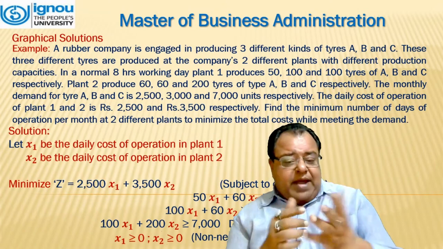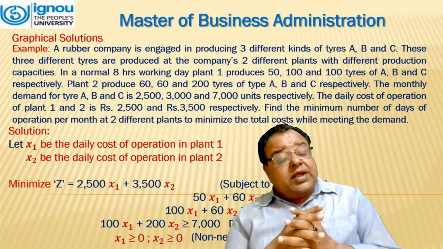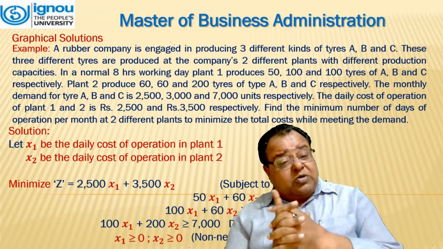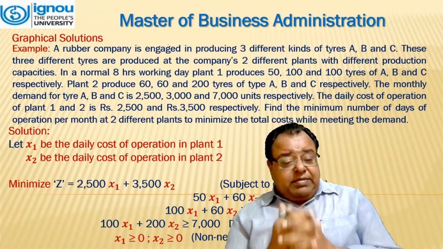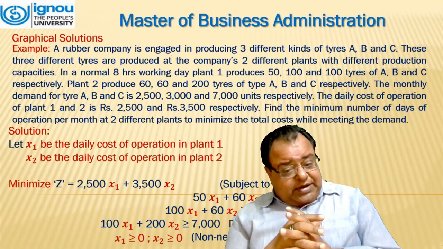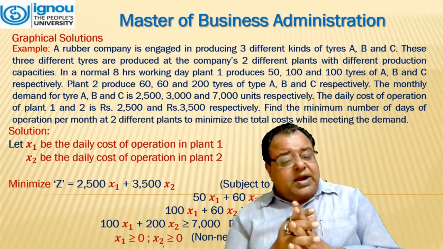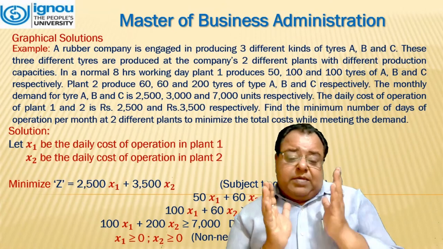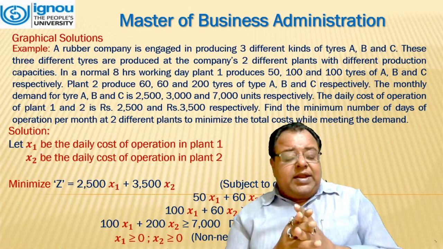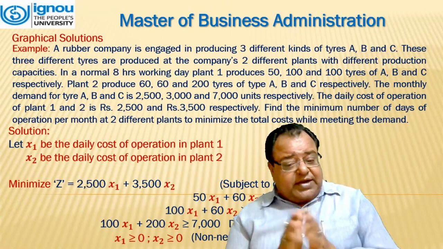So the first equation will be 50x1 plus 60x2 greater than or equal to 2,500. Similarly, for the second case, it will be 100x1 plus 60x2 greater than or equal to 3,000. And for the third equation, it will be 100x1 plus 200x2 greater than or equal to 7,000. These are the demand constraints.